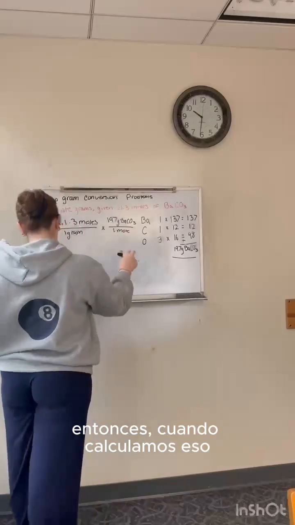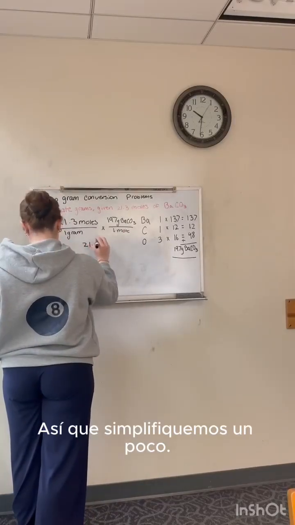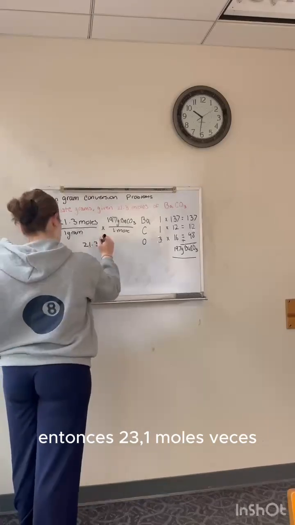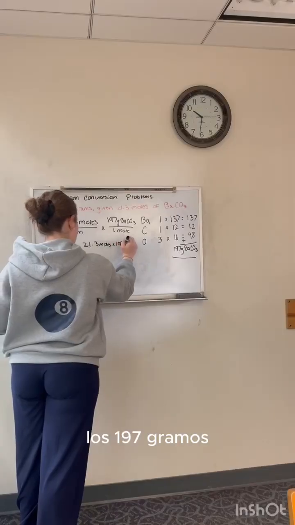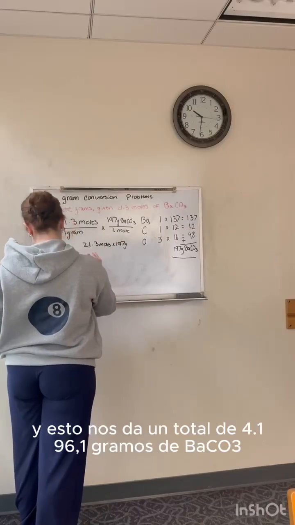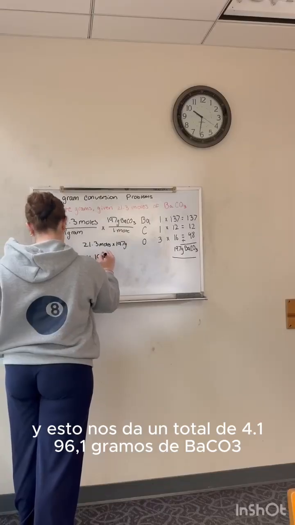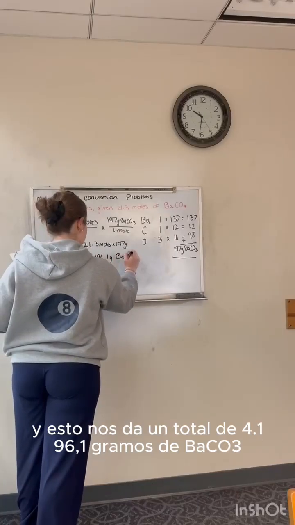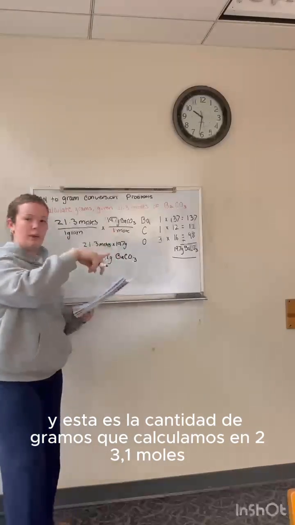Then when we calculate that out, we simplify it a little bit, so 21.3 moles times the 197 grams, and this gives us a total of 4,196.1 grams of BaCO3. This is how many grams that is in 21.3 moles.